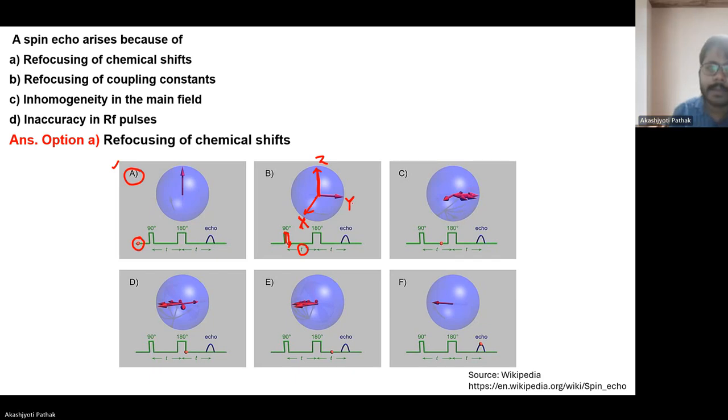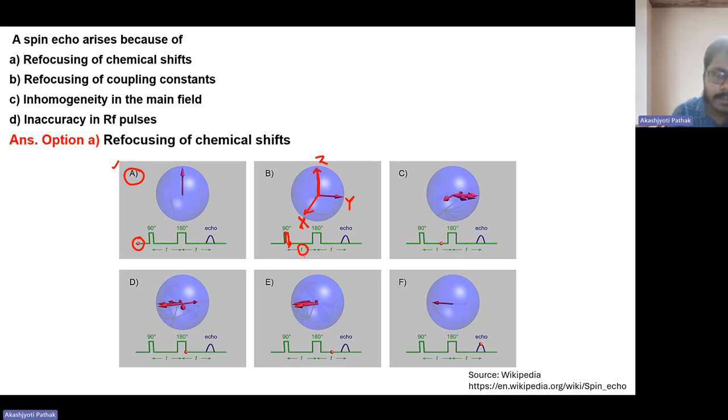Because of that, the nuclear spins that got their magnetic moment oriented along the plus Y axis will start relaxing, and they will try to get back to their equilibrium position and direct their nuclear spins along the external magnetic field in the plus Z axis.